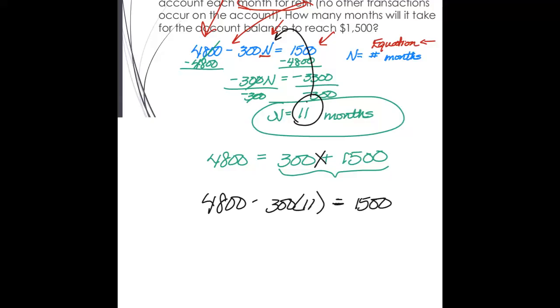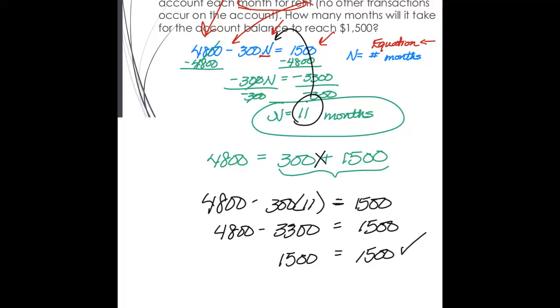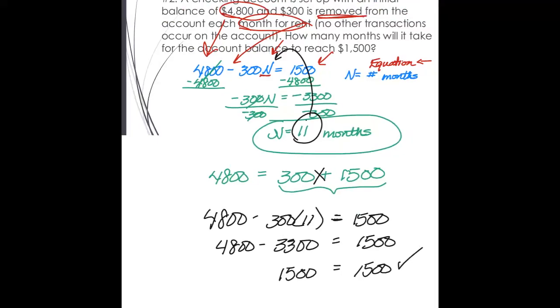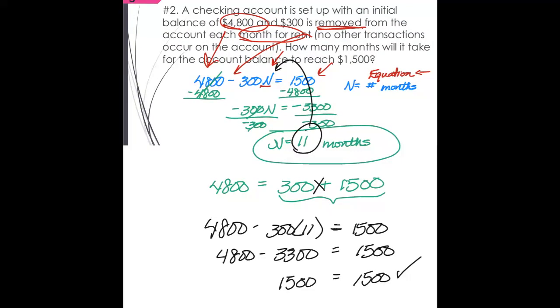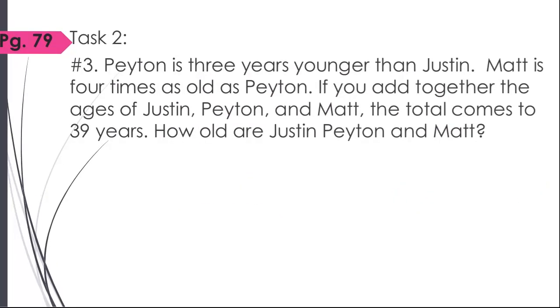And this is where I would need a calculator. 4,800 minus 3,300, isn't it? Yeah. Equals 1,500. Remember, you always work down. So 1,500 is equal to 1,500. Boom. There you go.